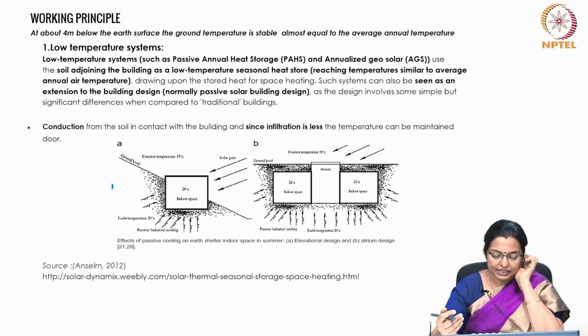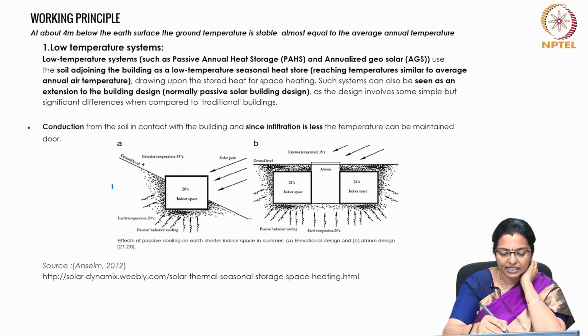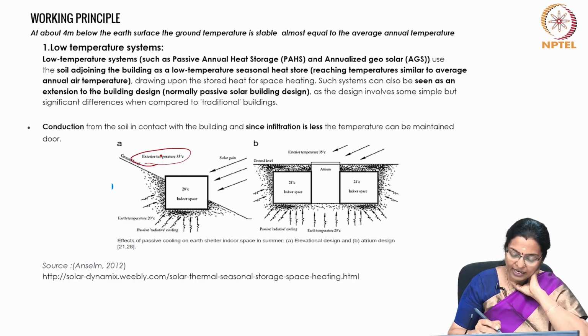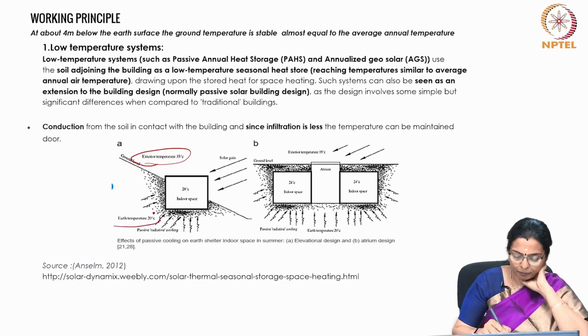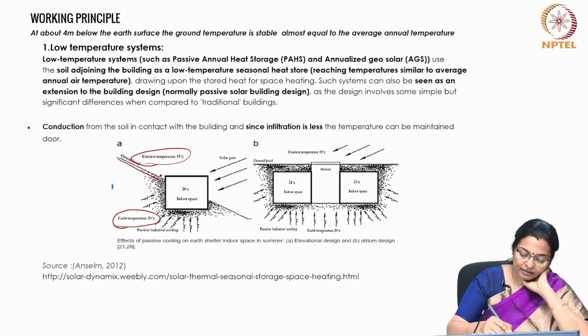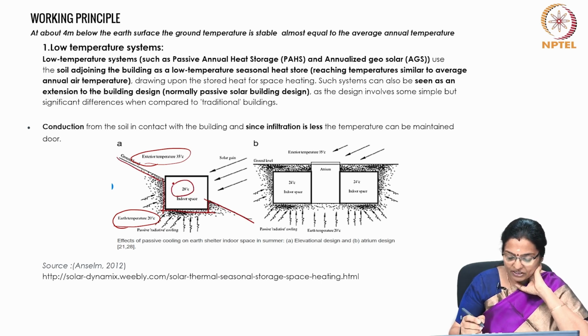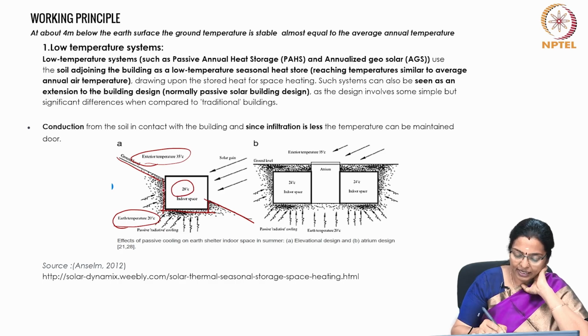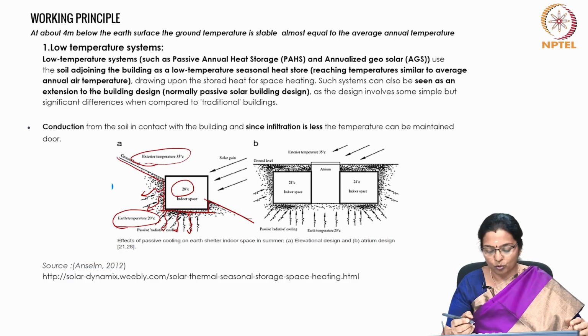What happens is, when the exterior temperature is about 35 degrees centigrade and the annual average temperature of the place is about 20 degrees centigrade, the house which is partly buried has an indoor temperature of 28 degrees centigrade, because it passes its heat to the soil, and in that process it becomes cooler.